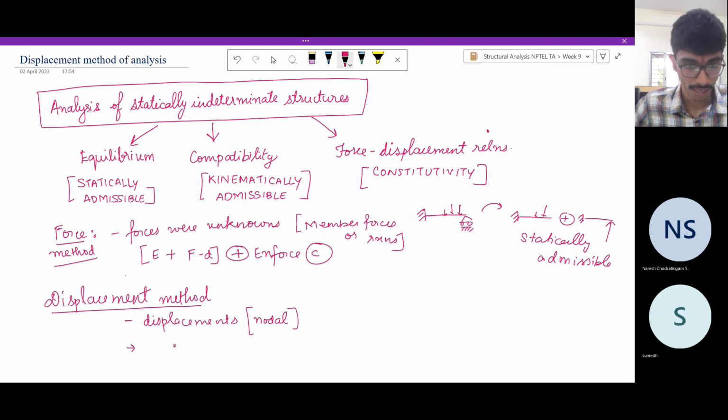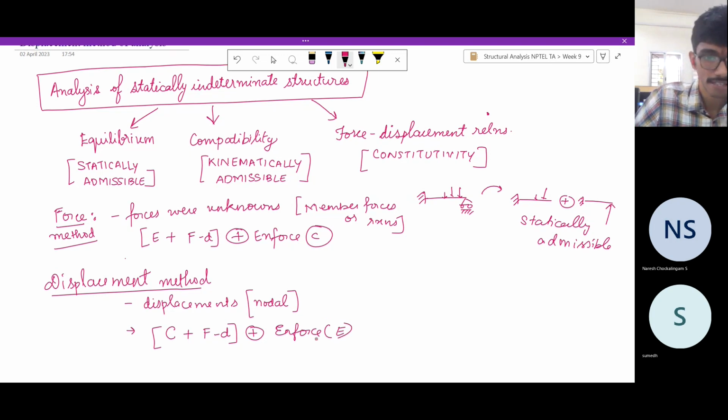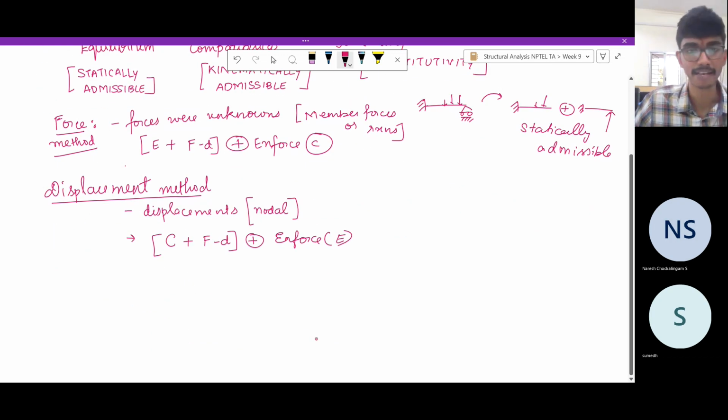That is, we have a displacement field which satisfies the compatibility conditions and the force displacement conditions. And whatever unknowns are left, those we determine by enforcing the equilibrium conditions. So this is the subtle difference between the two methods of analysis.